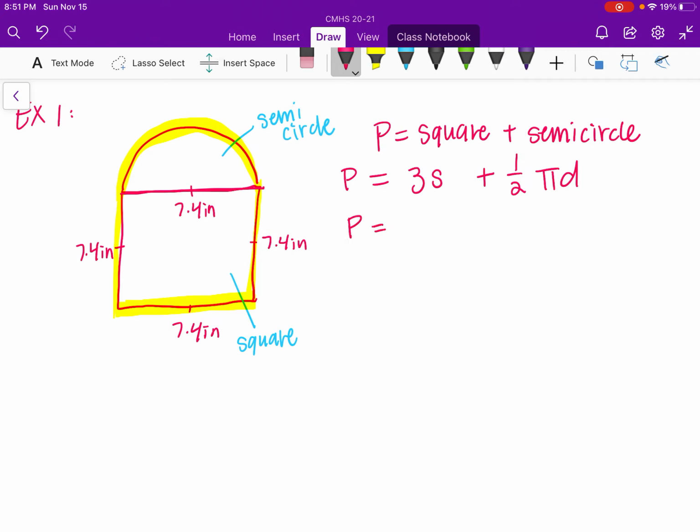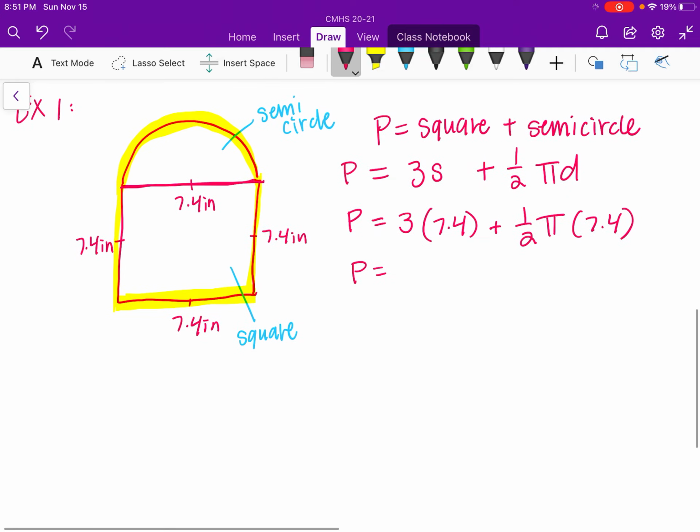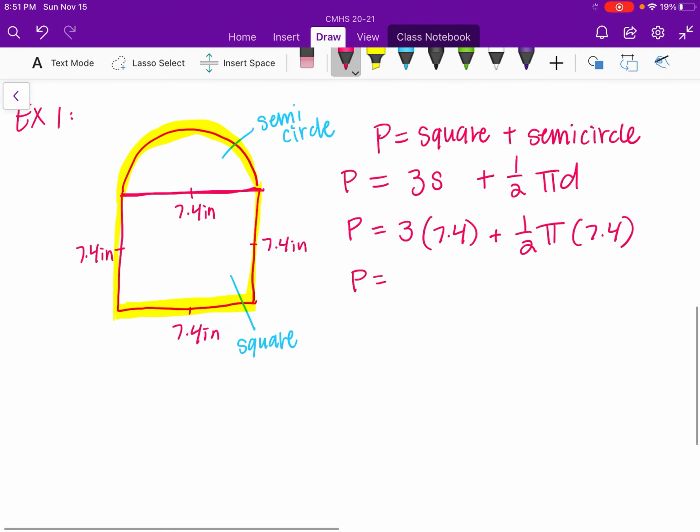And let's go ahead and plug it in. So 3 times, the sides were 7.4, plus 1/2 pi times, again, 7.4. We can do this in our calculator. 3 times 7.4 is 22.2, plus 1/2 times pi times 7.4 is 11.6.